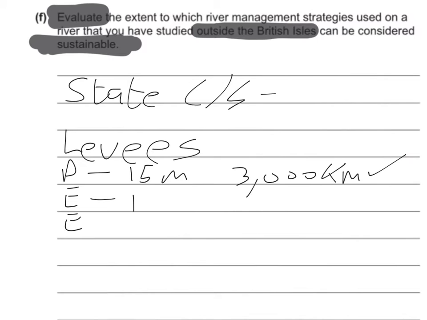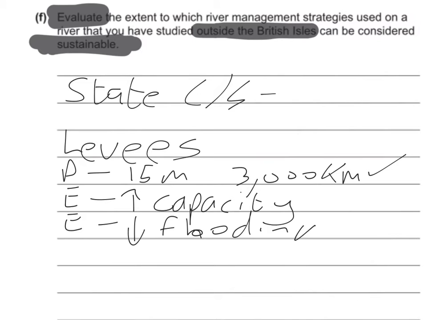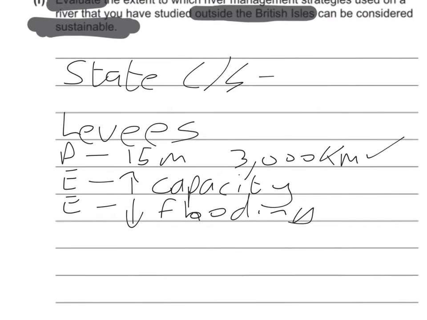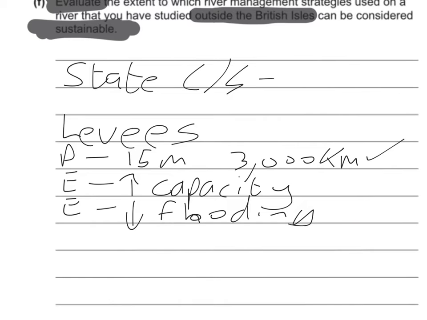You can talk about how this increases the capacity of the rivers and allows them to hold more water, and that this reduces the likelihood of flooding. Now, we need to supplement this PEE at this stage by mentioning whether this can be considered sustainable.